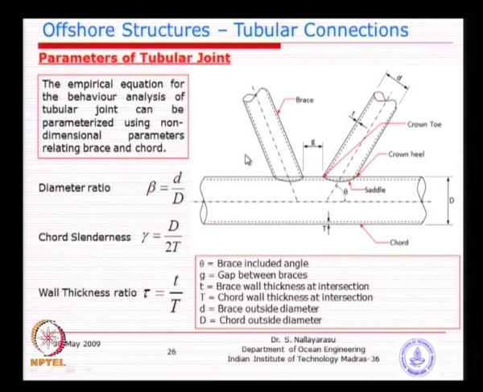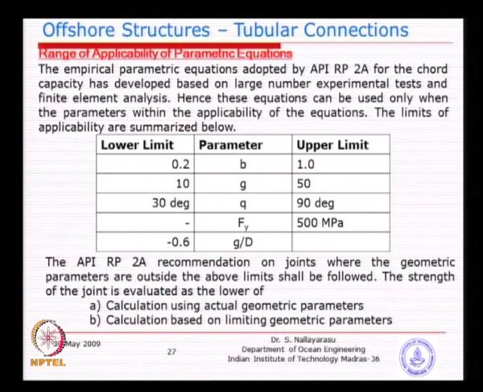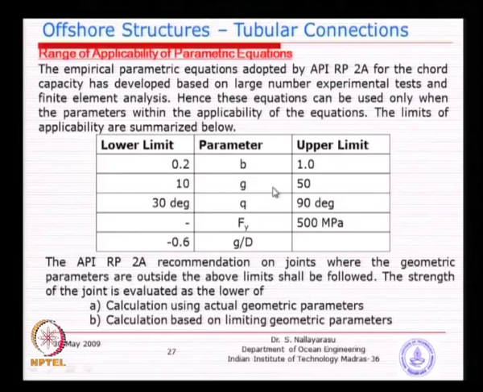With these parameters, if somebody can come up with an equation to describe the capacity, that will be the best. So, the permitted parameter ranges are just summarized, as I mentioned in the last class. You cannot go beyond these limits. If it is going beyond, the equations are not valid, because most of the tests and finite element studies were done within these ranges.